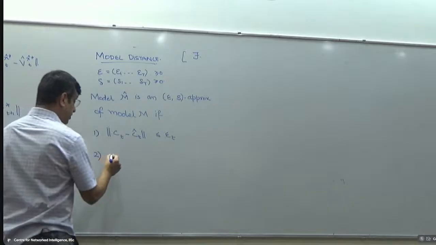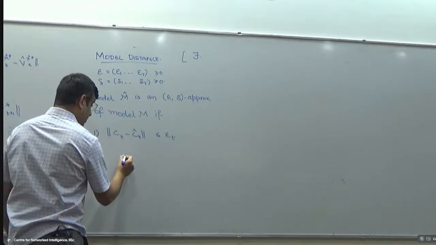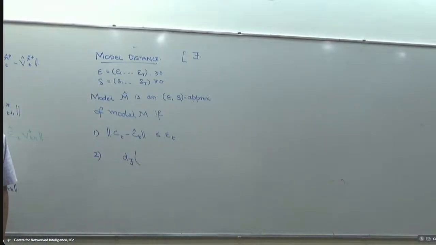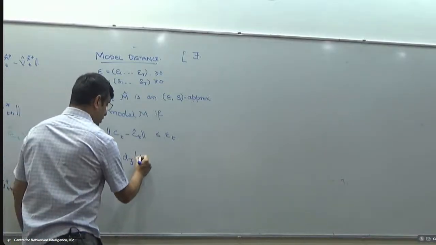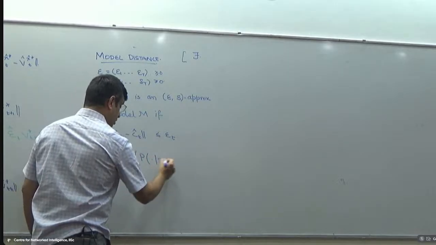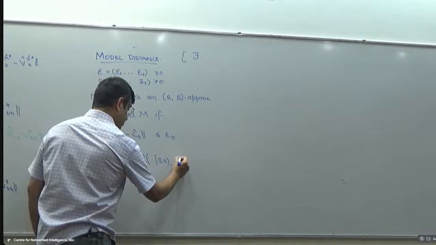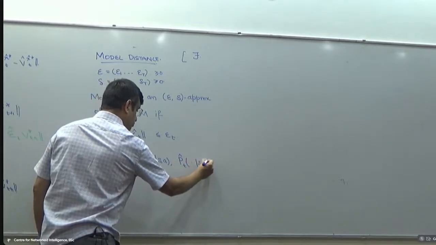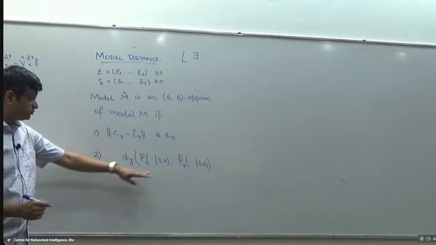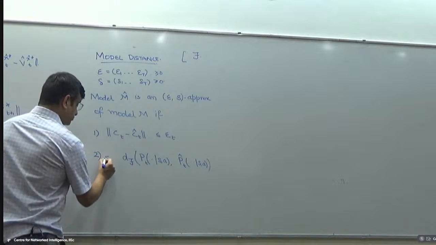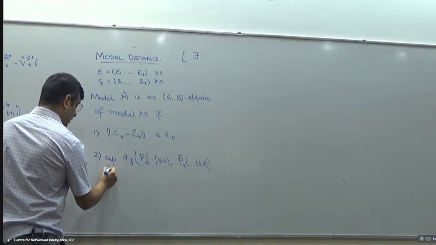I'll say that if I look at the IPM distance between the transition dynamics for a given SA in the true model versus the transition dynamics for a given SA in the approximate model, this will be a function of S and A, and I supremize this over all SA.